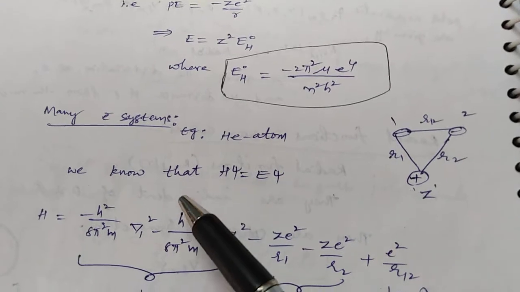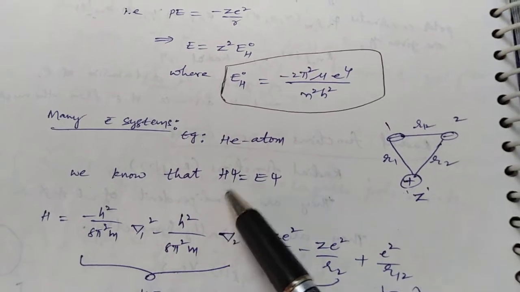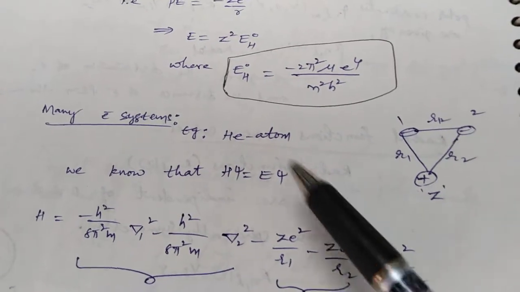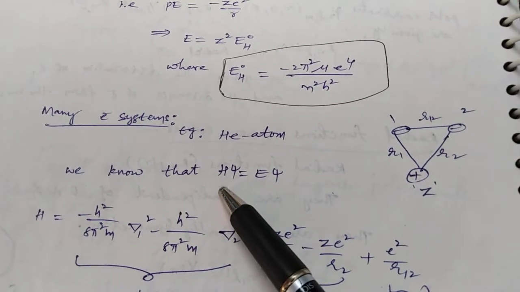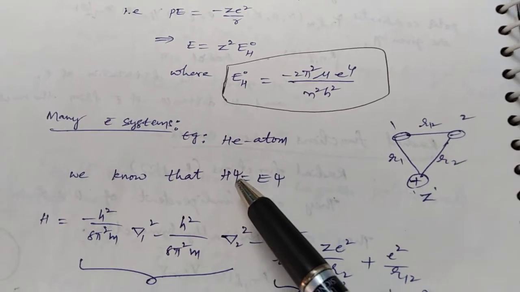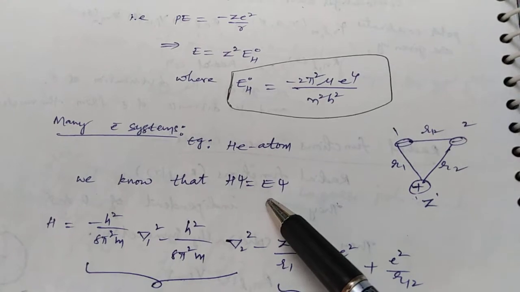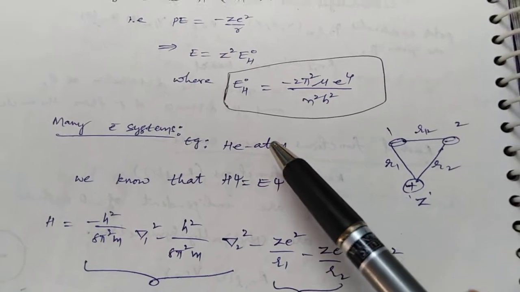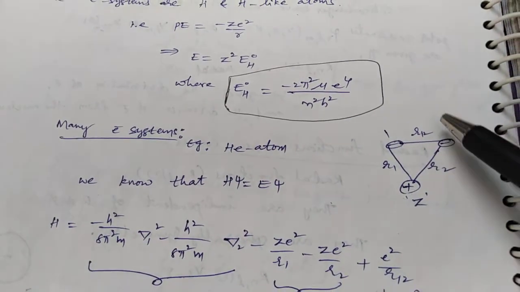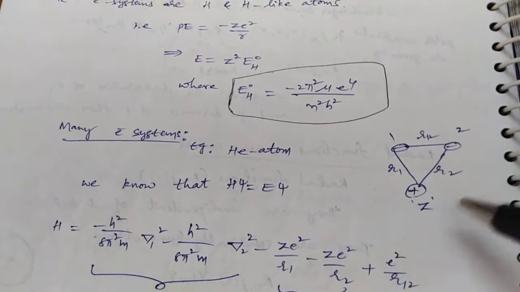The operator form of the Schrodinger wave equation is H psi is equal to E psi, where H is the Hamiltonian operator, psi is the wave function, and E is energy. Now we can explain the diagram for the helium atom.